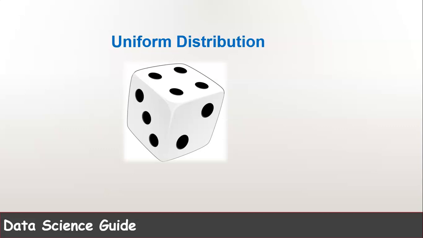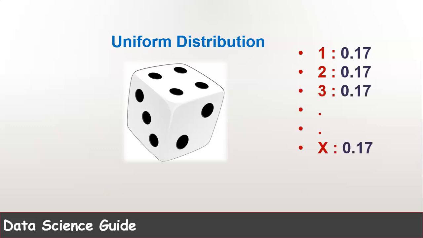A dice has 6 sides. Each side has a number starting from 1 to 6. So each side has the same chance to appear. If we throw the dice, the probability to get 1 is 17%. And to get 2, also 17%. Same thing for other numbers.